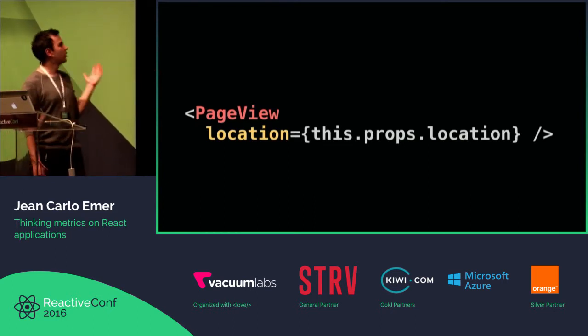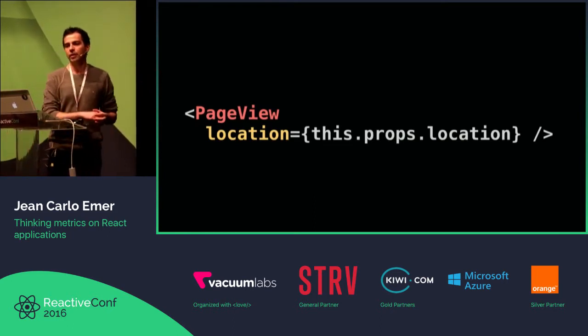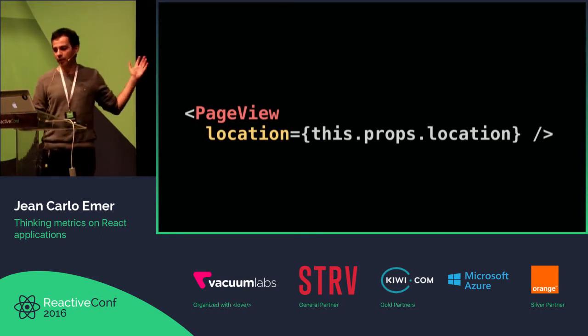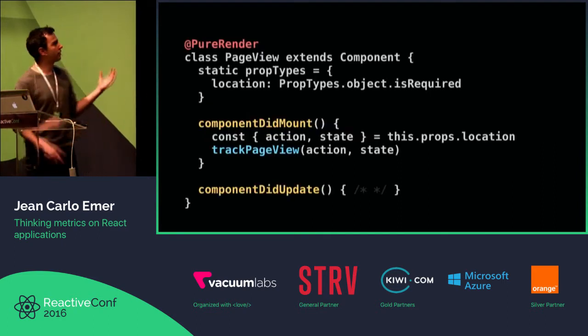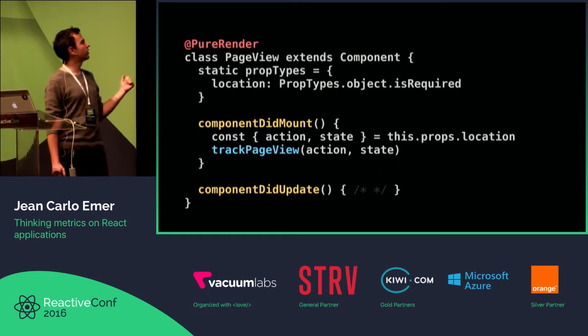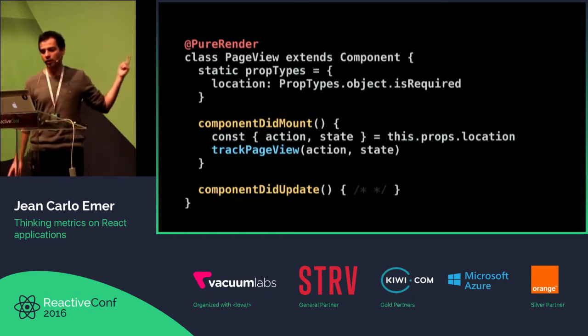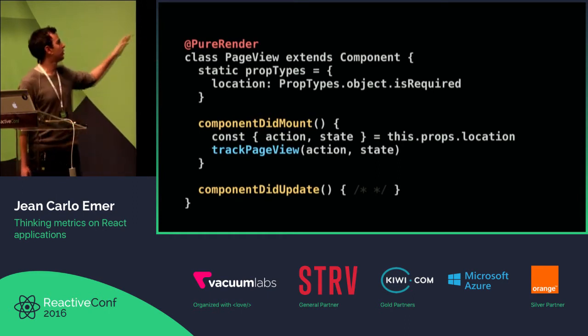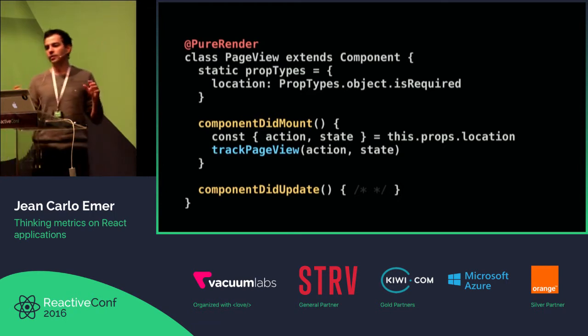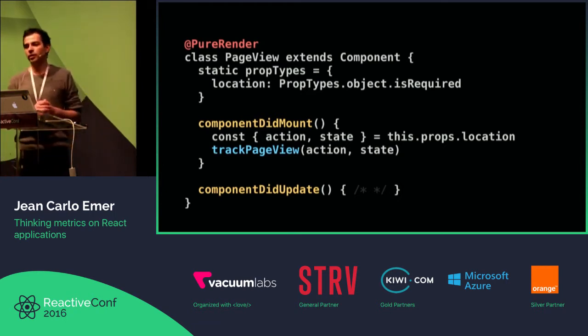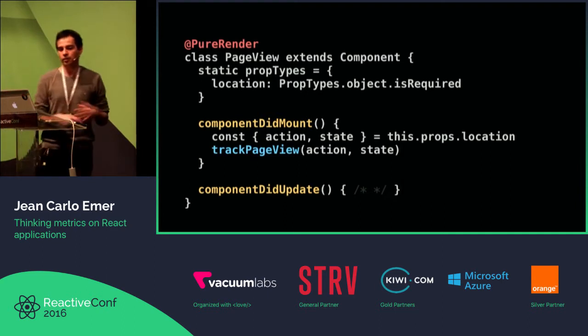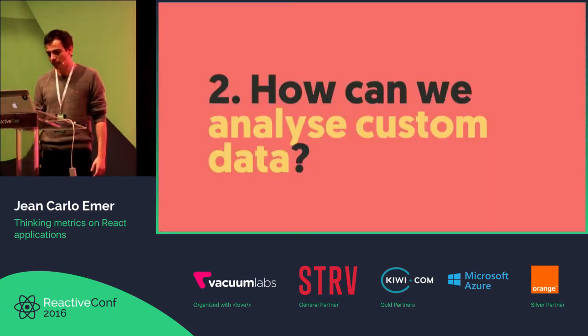So we created this page view component that received the location provided by React Router. It's a very simple component. We just watch componentDidMount, and this function, track page view, talks to the Google Analytics API. Through that, we can measure the page views of the website.